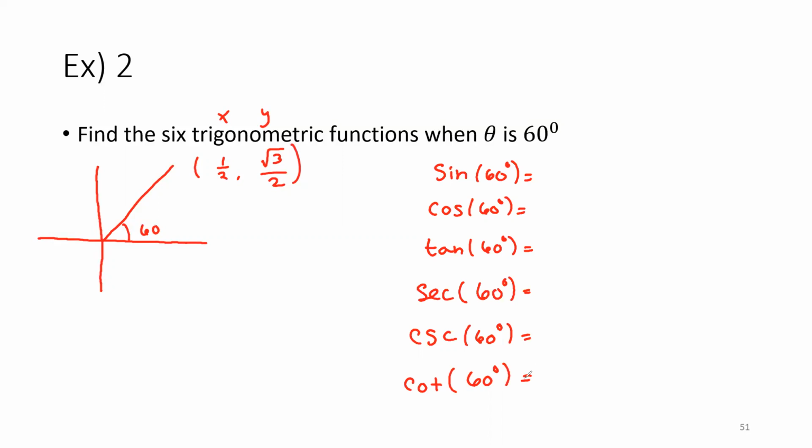Okay, so I would just do the first three, and then the other three are easy because you just use the reciprocal. So how do we find sine of 60?